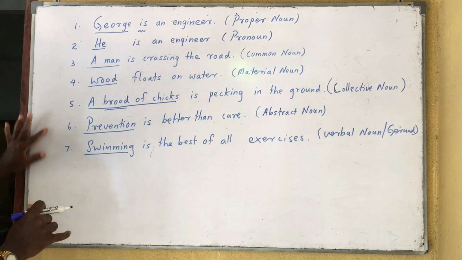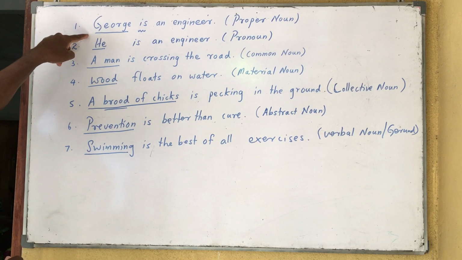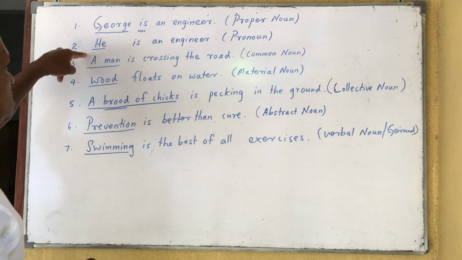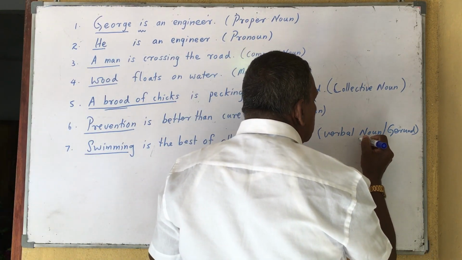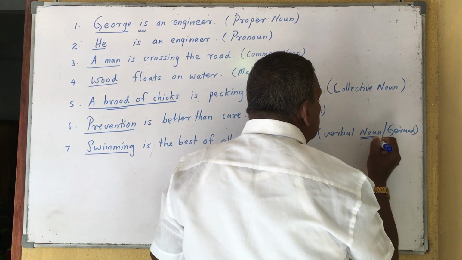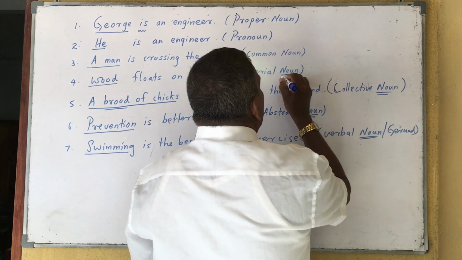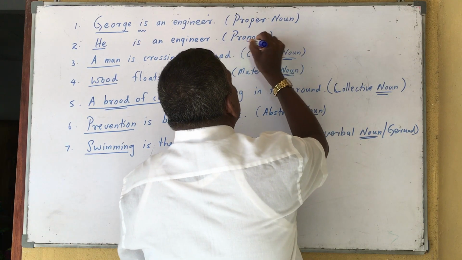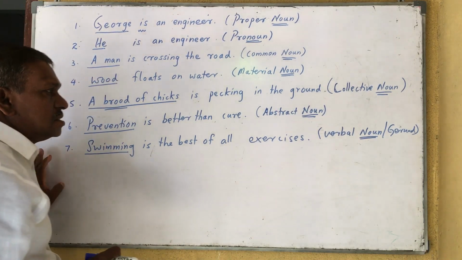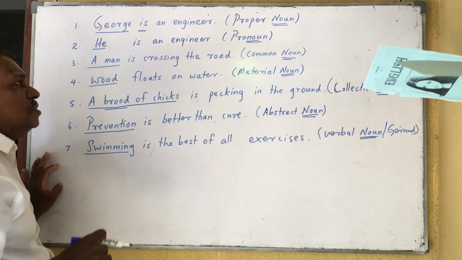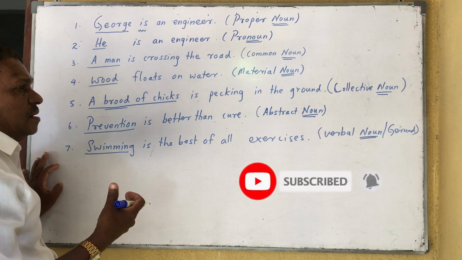So I have given some examples that can be subjects. One thing is clear: if it is a subject, it must be a noun anyhow. Otherwise, it cannot be a subject. Right? I think it is clear for you now. You watch this again and again to get the idea clear.